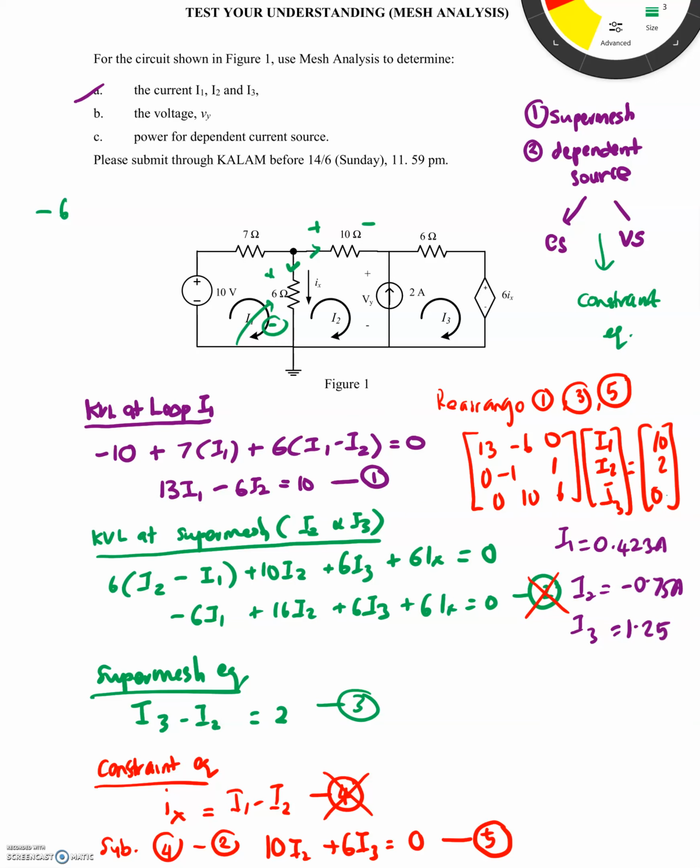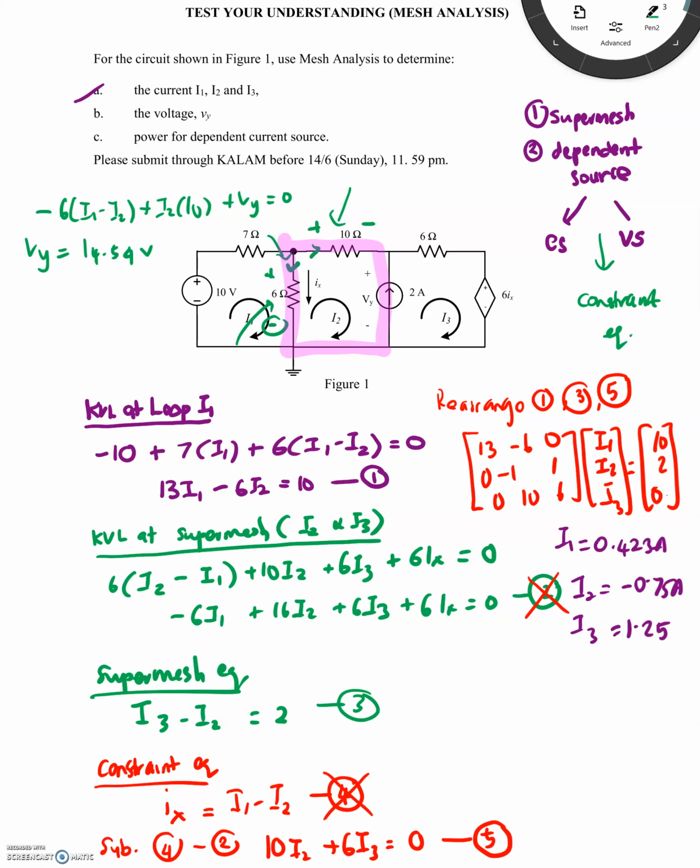Because I assume that the current is flowing from here, it means I1 minus I2, and then here I2 plus I2 times 10, and then plus Vy. You substitute all the values into this equation and you can get the value of Vy is 14.5 volt. So this is the KVL at the middle loop.